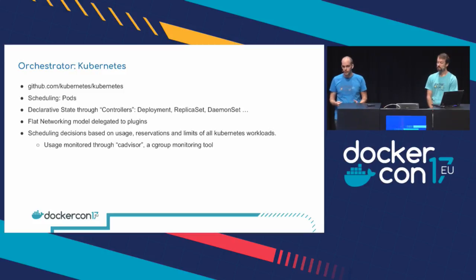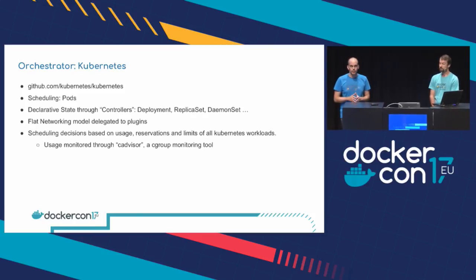Kubernetes has a flat networking model, which means that there's one IP assigned to each pod, and that assignment is delegated to external plugins. You can use a plugin which is responsible for assigning that IP and for making sure that IP is routable from all other pods in the system. Finally, Kubernetes makes its scheduling decisions based on reservations and limits of workloads in the system.